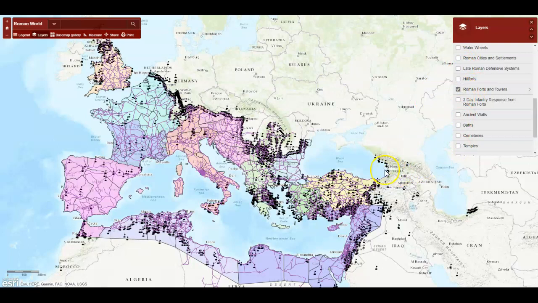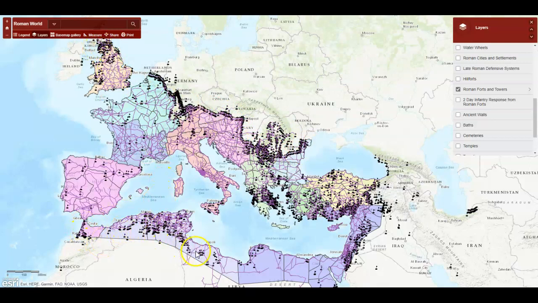All of these little black dots that just appeared with the little flags on them are Roman forts and towers that were guarded and staffed by the Roman military in order to protect the borders of the empire. So you can see that there is a lot of protection needed on the northern borders, as well as up here in the north of the United Kingdom.